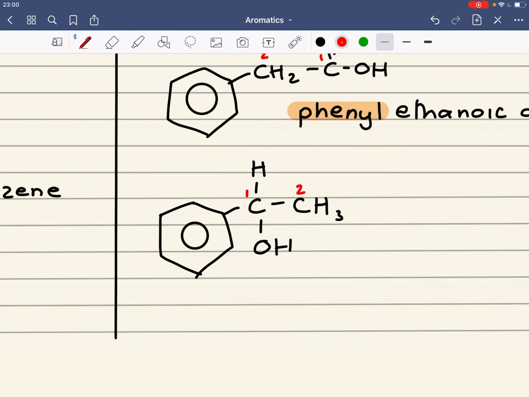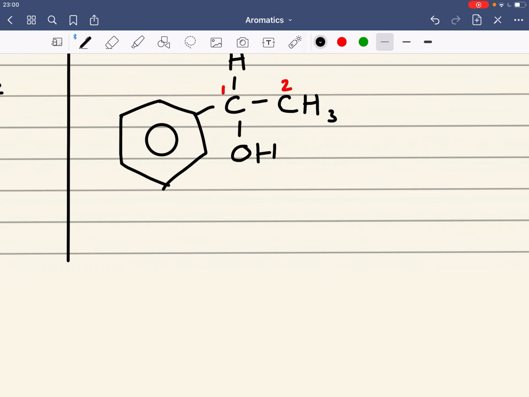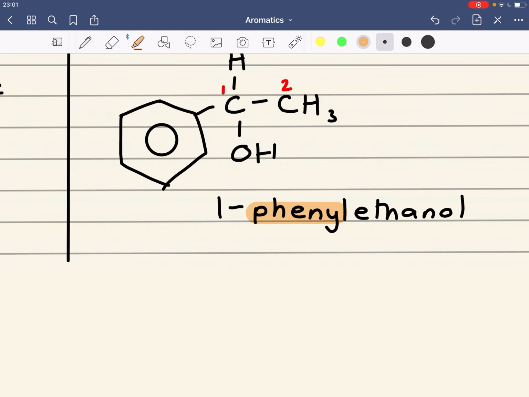Because there's only 2 carbons, we assume that the alcohol is on carbon 1. So we need to say where the phenyl group is. If you're going to name this, this would be named 1-phenylethanol.